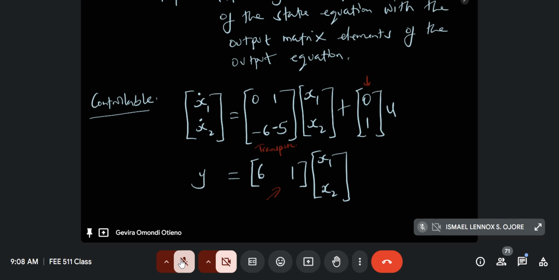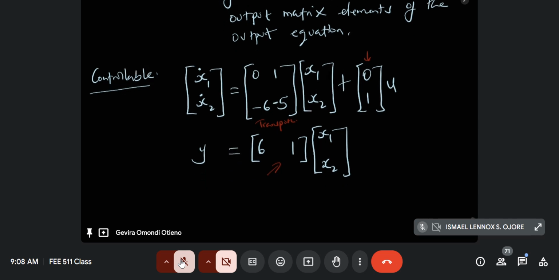Now, take the journey with me. Let me show you how to do it. Let us first do step one. So step one, let's transpose. We are only doing the transposition for the state matrix, this one.